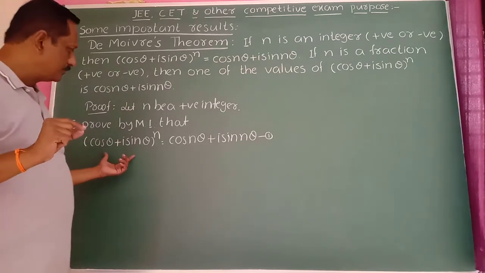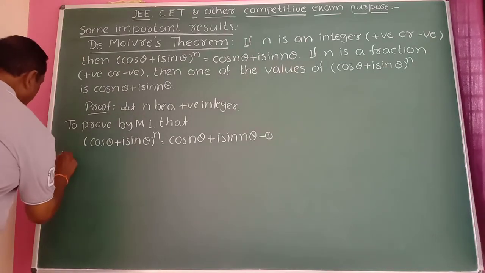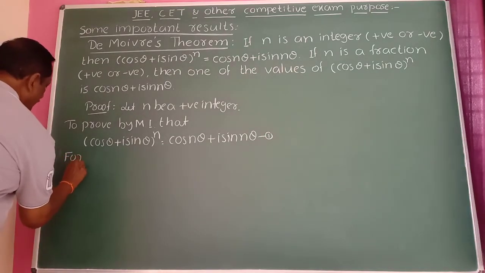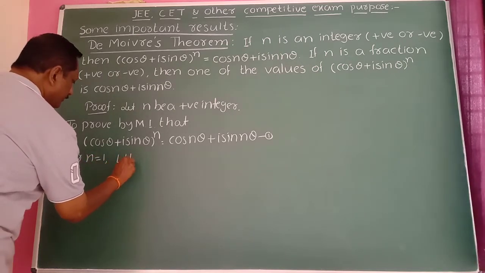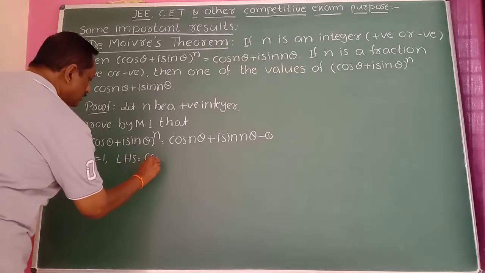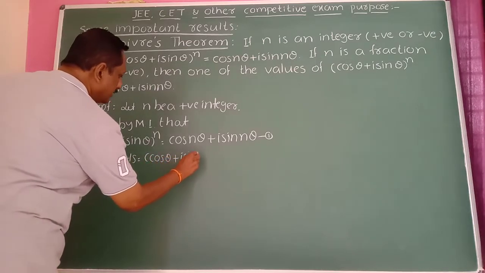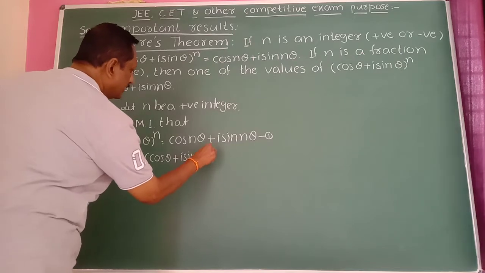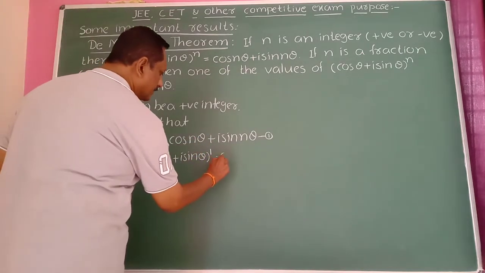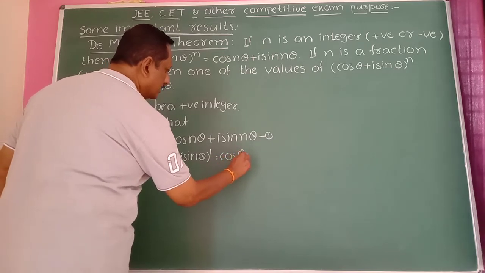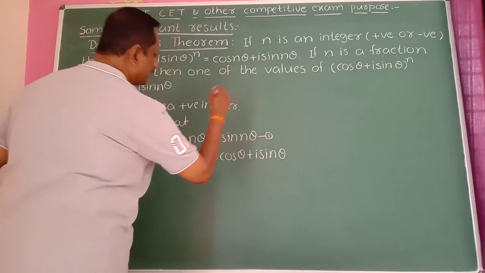First, you prove this is true for n is equal to 1. So for n is equal to 1, LHS is equal to cos theta plus i sin theta raised to 1. Put n is equal to 1 here: cos theta plus i sin theta raised to 1 is cos theta plus i into sin of theta.